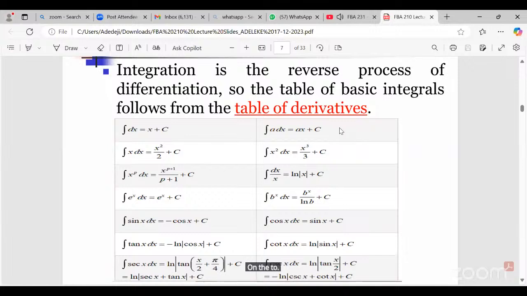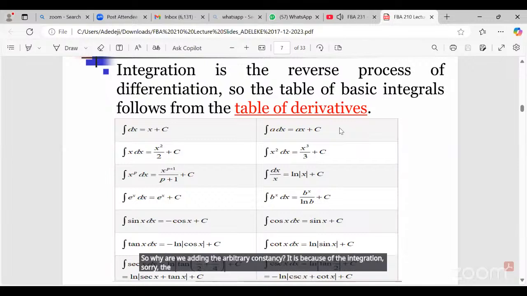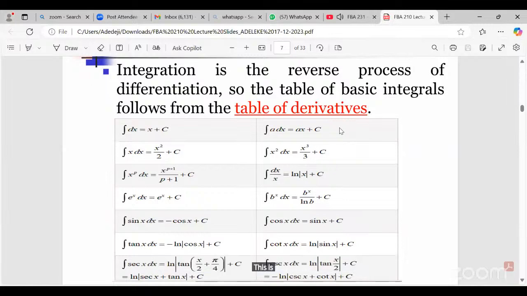So why are we adding the arbitrary constant c? This is because of the integration that we are executing. This is known as indefinite integral because you are integrating without any limits. But if you're integrating within a bound, within a limit, then it's easier to get the exact function or the exact value as being investigated.